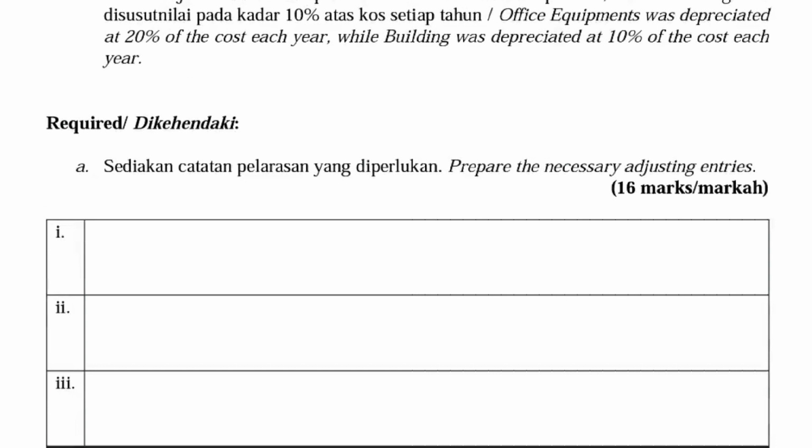In the question you can see that the business already has the trial balance. So according to the accounting cycle, the next step after preparing a trial balance is to do the adjusting entries. That's why this question asks you to do adjusting entries.